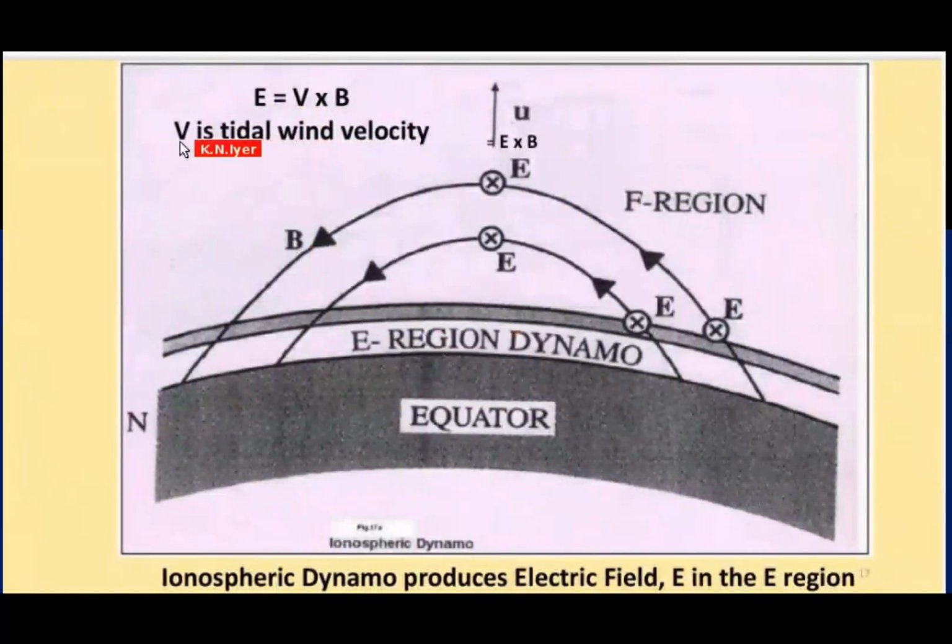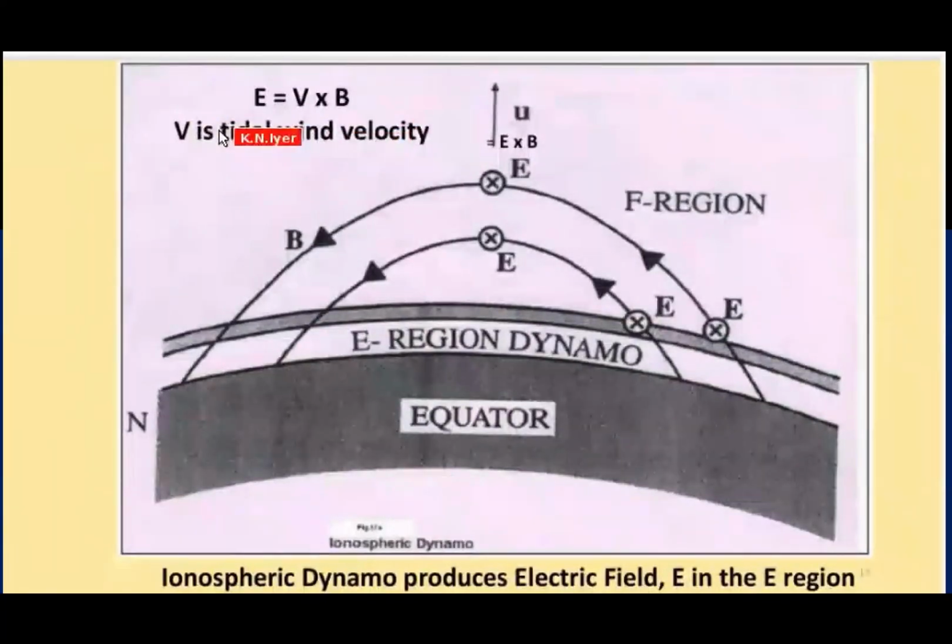So if V is the tidal wind velocity, here this illustrates the E region of the ionosphere, which has good conductivity. And because of the interaction between the neutrals and the ionization, if the neutrals are moving with a velocity V, a part of that velocity will be imparted to the ions also. The ions also will therefore get some part of the tidal wind velocity V.